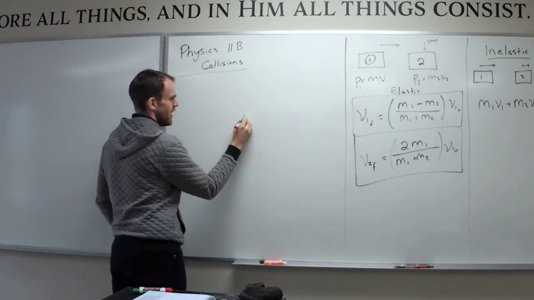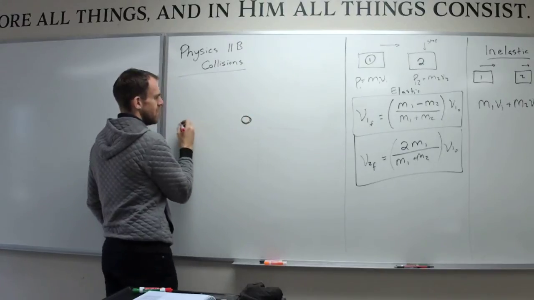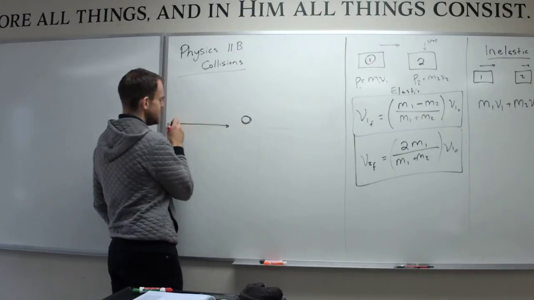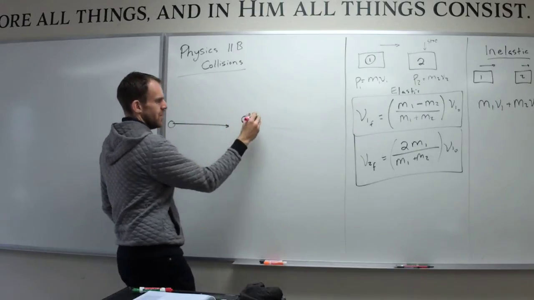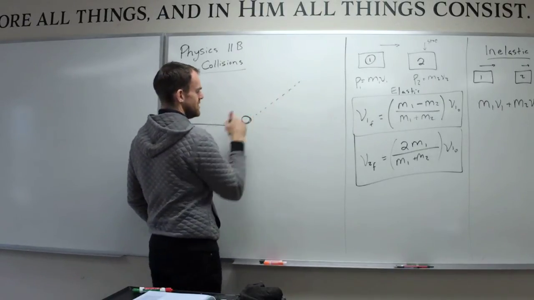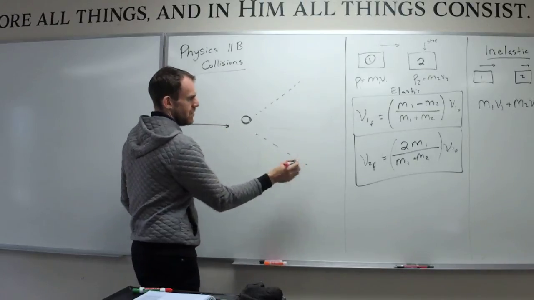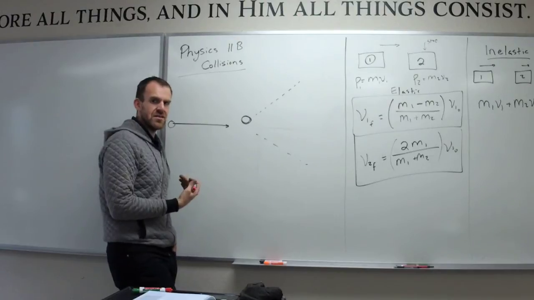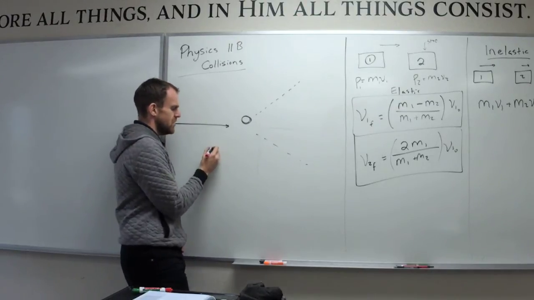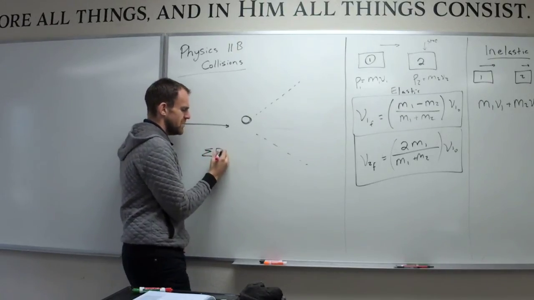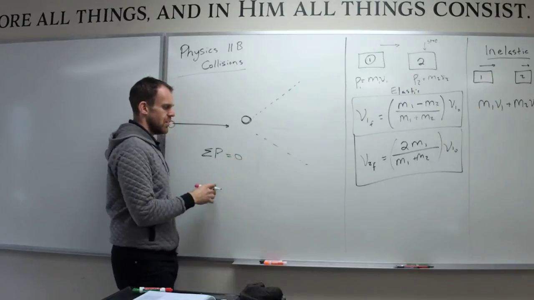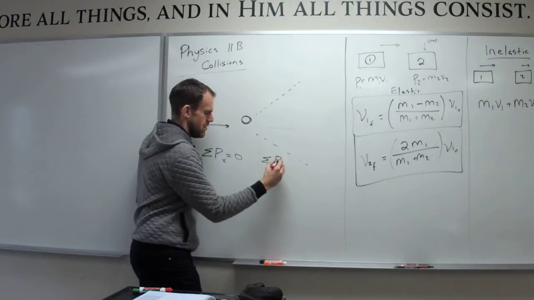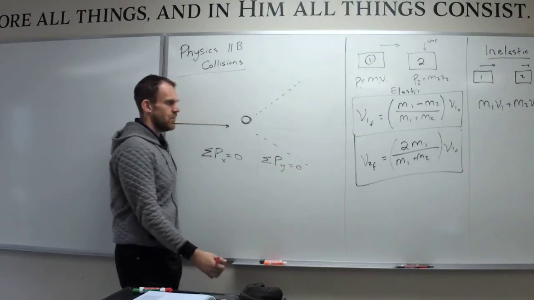Suppose you have maybe an object here, and then an object hits it, and then this object flies off that way. This object flies off this way. Well, momentum is still conserved. So what you're going to do is sum of the momentum equals 0. And you'll do that in x and y, just like you did before.